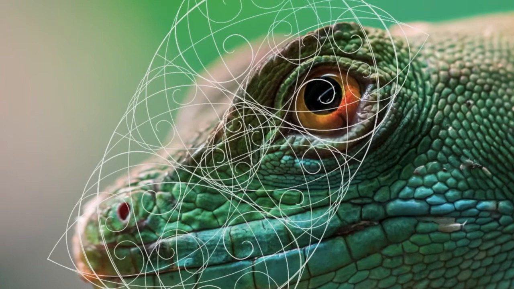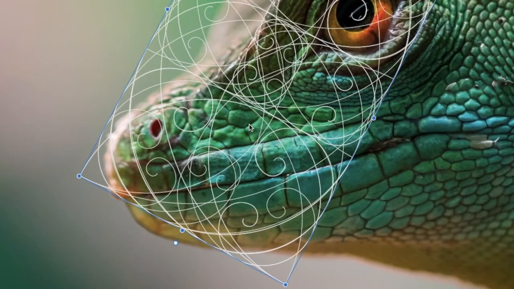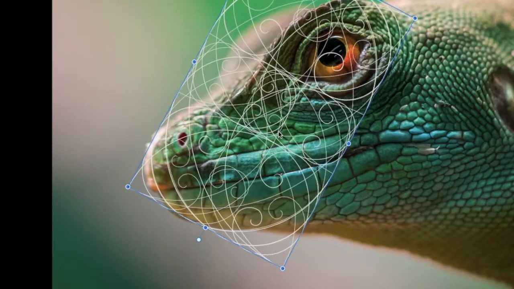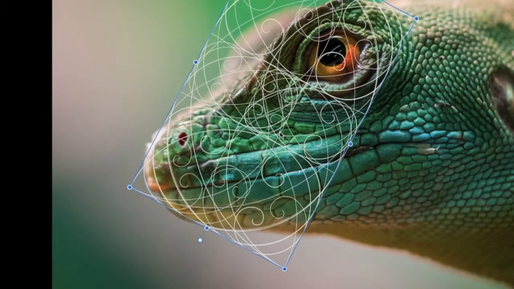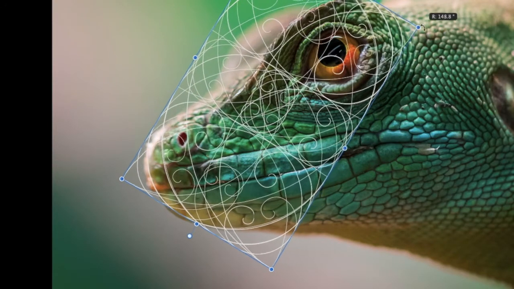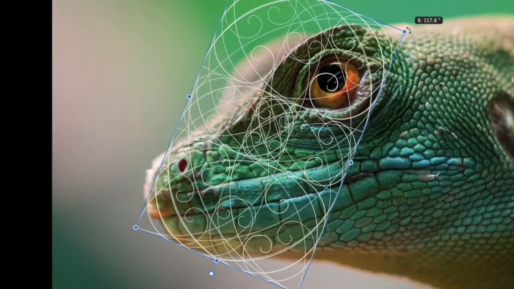Invert the angle. Get that line to match that top eyebrow.